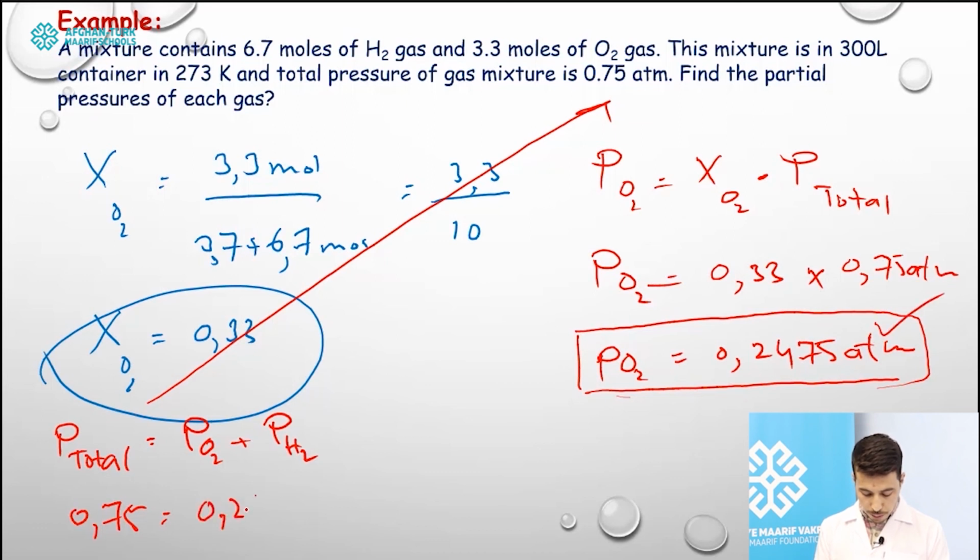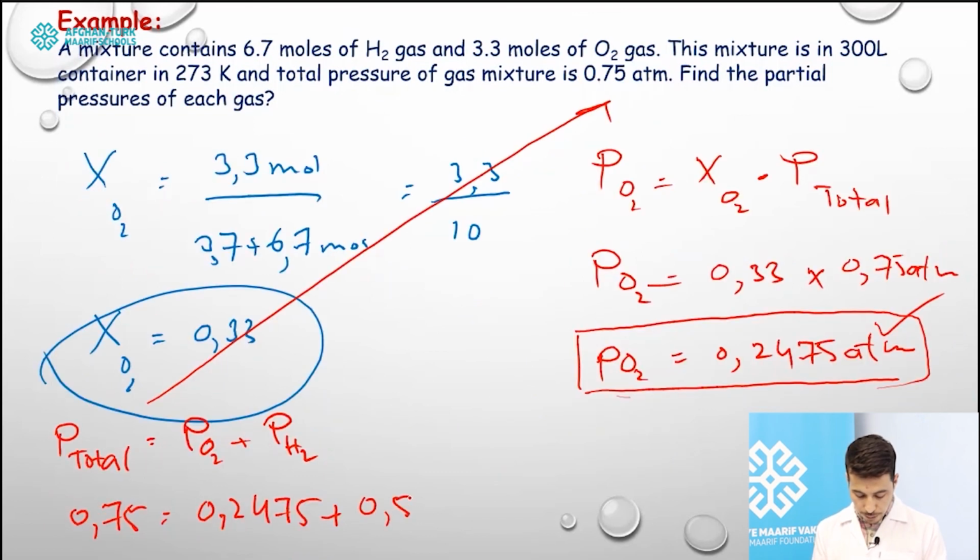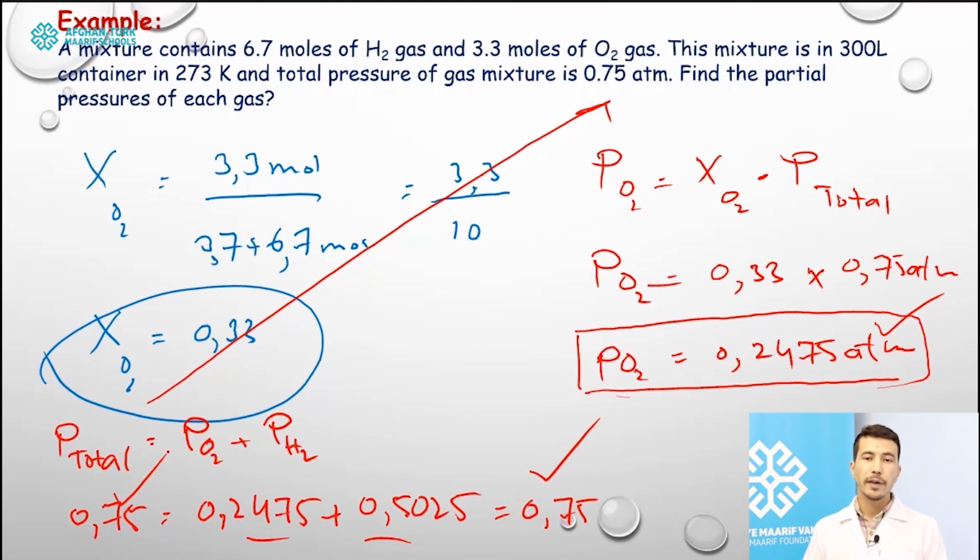It is 0.2475 plus, what was the value of the partial pressure of the hydrogen from the previous slide? Yes, it is 0.5025. If we add up these two values, it will be equal to 0.75. So 0.75 equals 0.75, which means that our answer is correct.